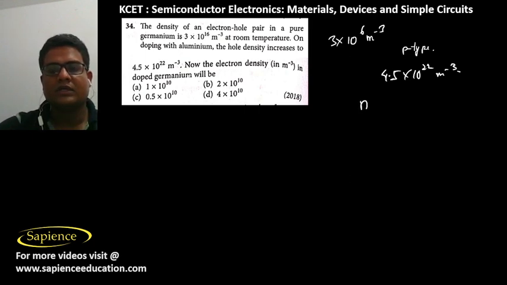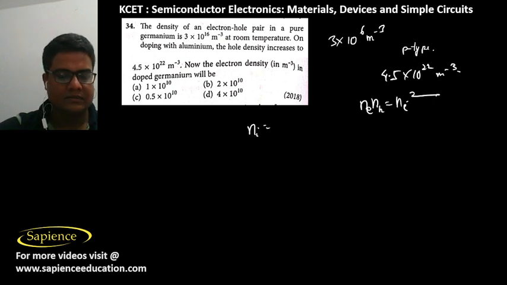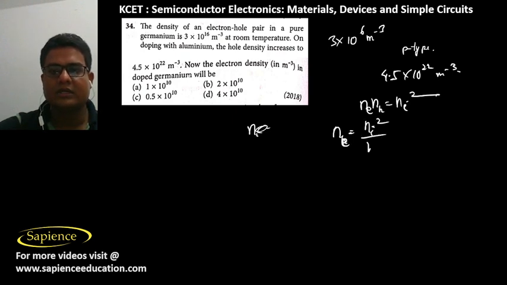Now we know that Ne into Nh is equal to Ni square. So the electron density Ne will be Ni square by Nh.